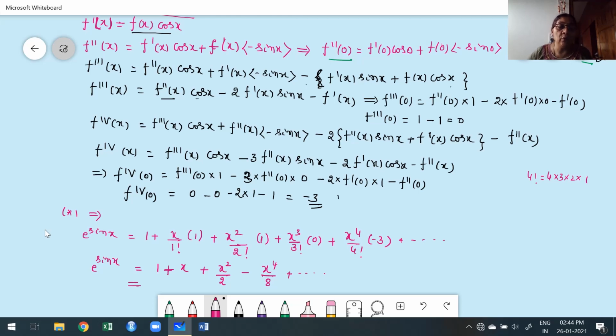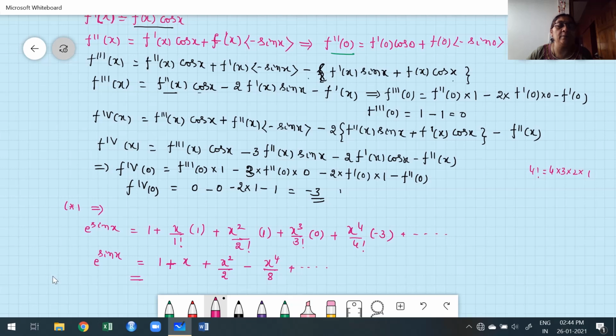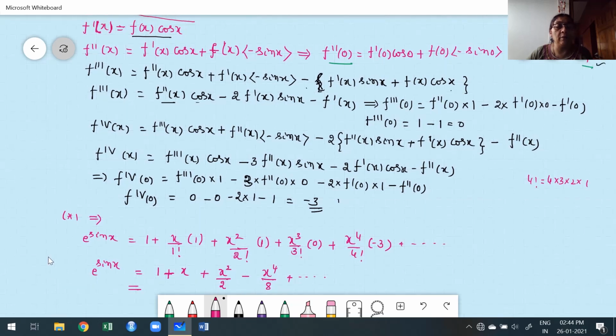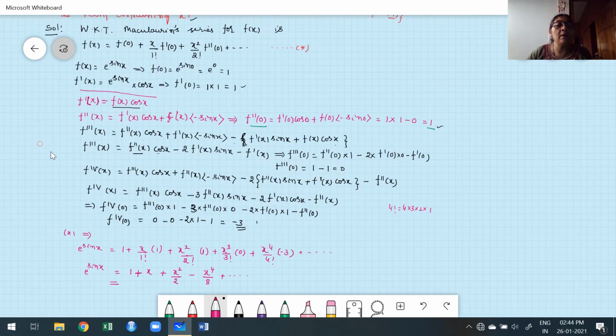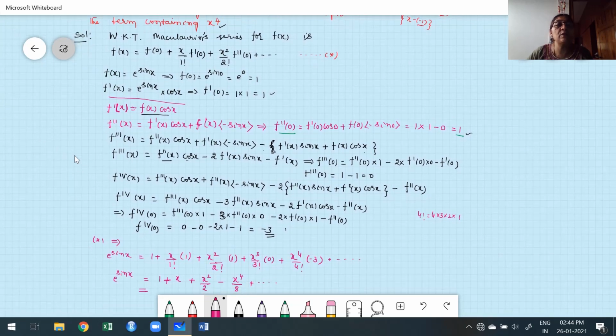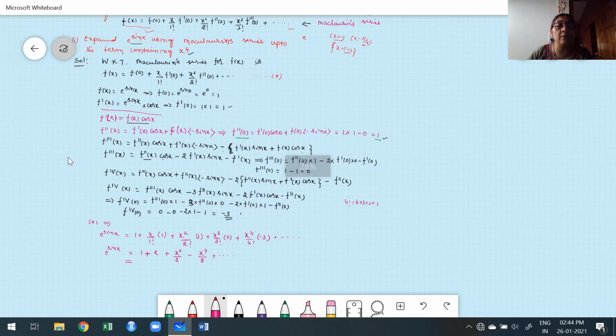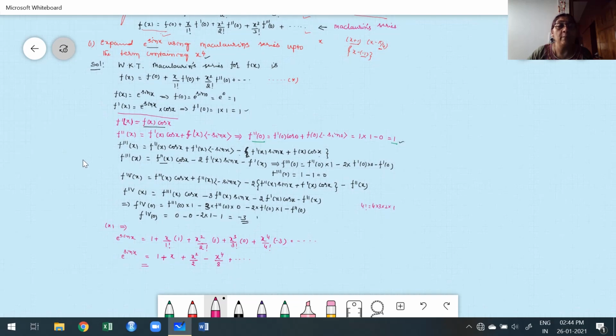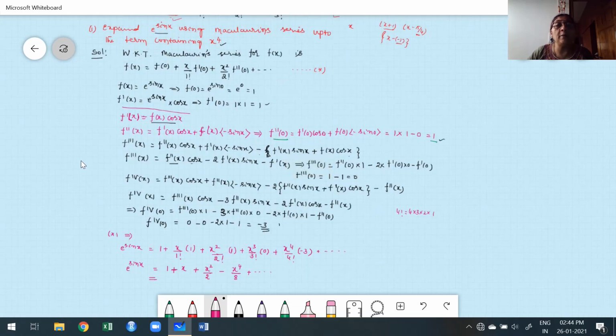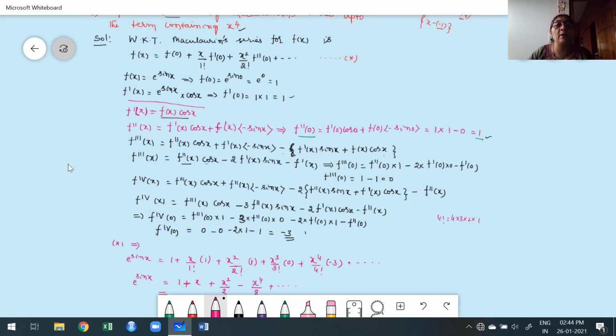Now, before moving to the next problem, observe one point carefully. If you want to expand any series, first observe in powers of what. In powers of x means I go for the Maclaurin series; other than in powers of x means I go for the Taylor series. First, observe carefully and expand the series up to the term containing which power. For example, in this problem, x to the power of 4.